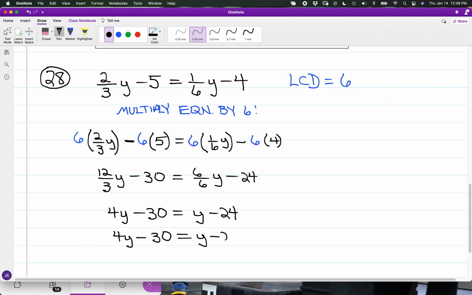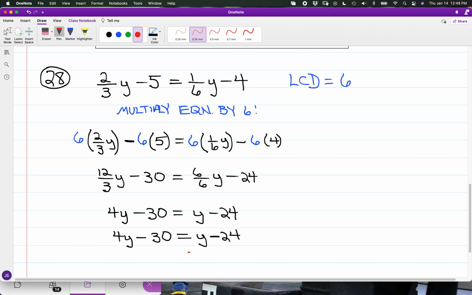Now we have like terms on opposite sides, with 4y and y, as well as the numbers negative 30 and negative 24. If I combine y terms, we're no longer going to have complete cancellation like with the previous two exercises.